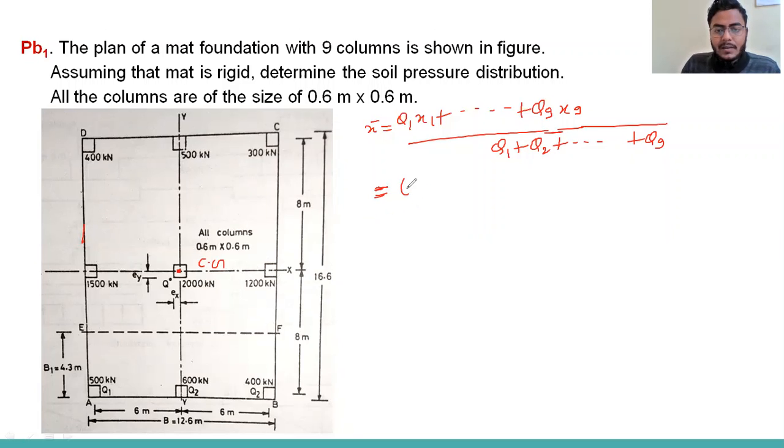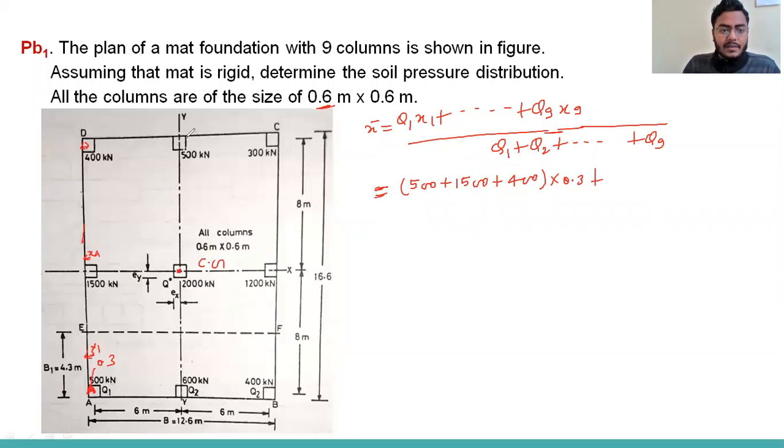So we can write 500 plus 1500 plus 400. What is the distance of this? You can see the dimension of this is 0.6, so this will be 0.3. So from here, x1 will be 0.3, x4 will be 0.3, and x7 will be 0.3. So we can write 0.3 plus.